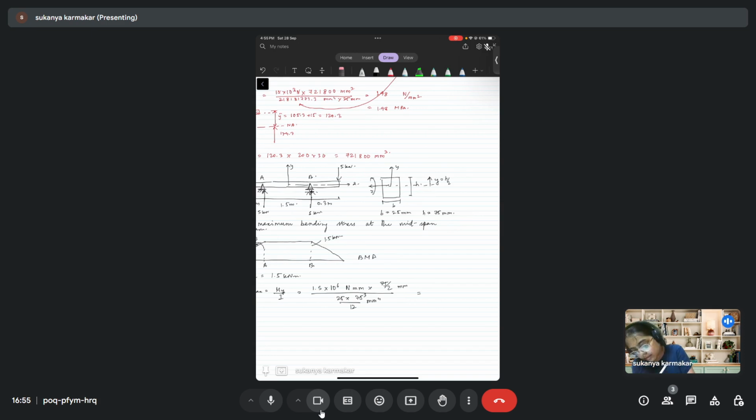This comes out to be 64 Newton per mm square, or 65 MPa.